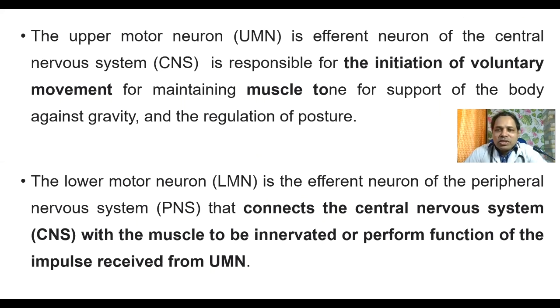Whereas the lower motor neuron is the efferent neuron of the peripheral nervous system that connects the central nervous system with the muscles to be innervated, to perform the function of the impulse received from the upper motor neuron. It means the upper motor neuron initiates the impulse, and the lower motor neuron follows it and gives information back that what you told me, I have done that. This is the basic difference.